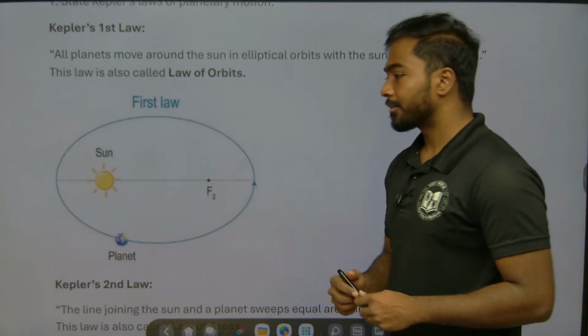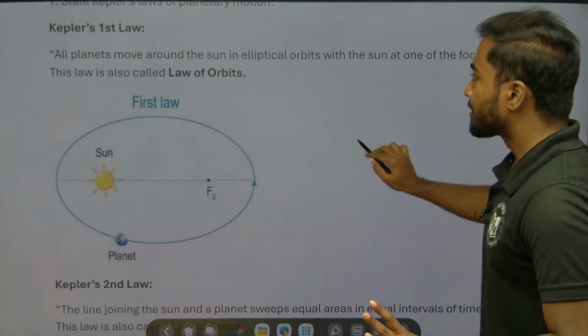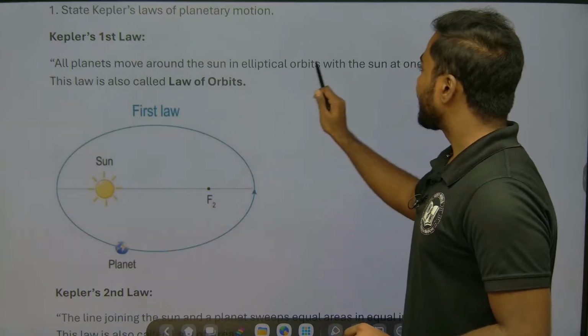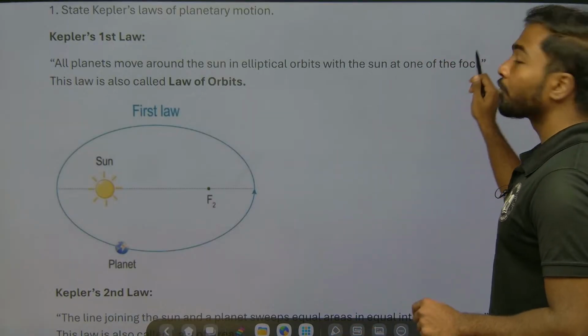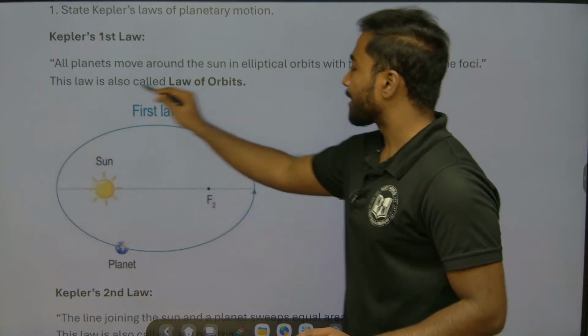All planets move around the sun in elliptical orbits, with the sun at one of the foci. Whatever planet we are taking goes around the sun in an elliptical path. That's the first law, called the law of orbits. Sun is one of the foci and the planet will be surrounding it.